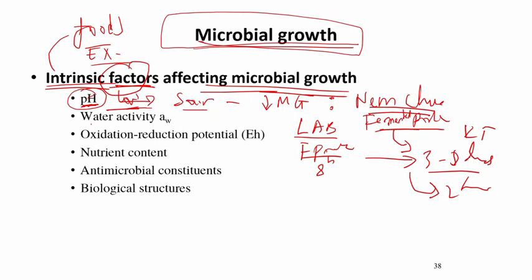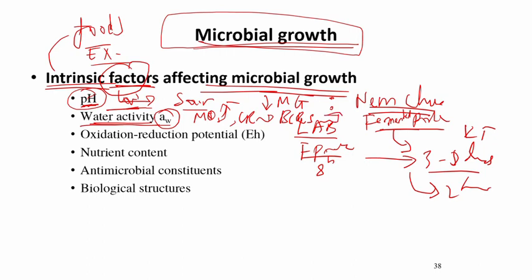Okay. And the second intrinsic factor, which is very important as well, is the water activity. We talked somewhere, we explained what water activity is, but here we just try to understand it this way. Water activity is the availability of water, cái sự sẵn có của nước, availability of water for microorganisms to grow, for the chemical reaction or the biochemical reaction to take place.